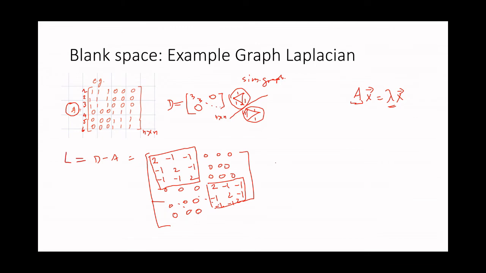For this Laplacian matrix L, an eigenvector U would be something like this. I will call it U1. U2 is another eigenvector. And the addition of any of them is also another eigenvector, the all ones vector. All of these are eigenvectors with eigenvalue lambda being 0.